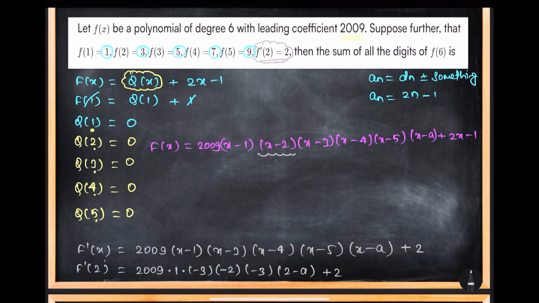Now, this thing is also 2 because they have mentioned this, so this thing and that thing will be neutralized. We will be left with this thing equal to 0.